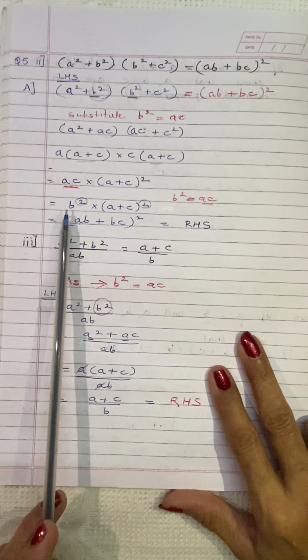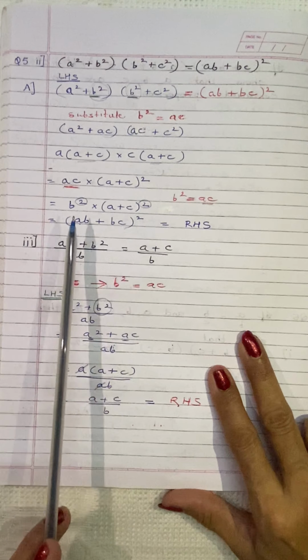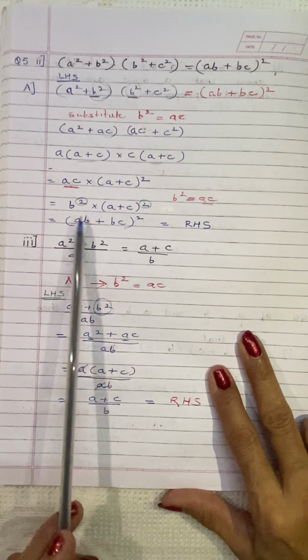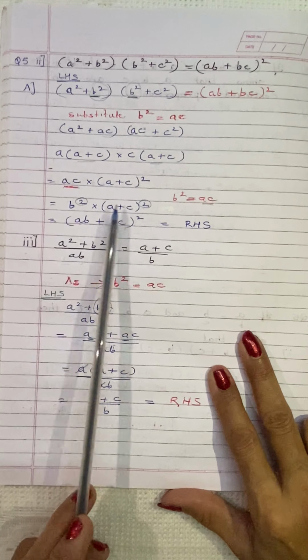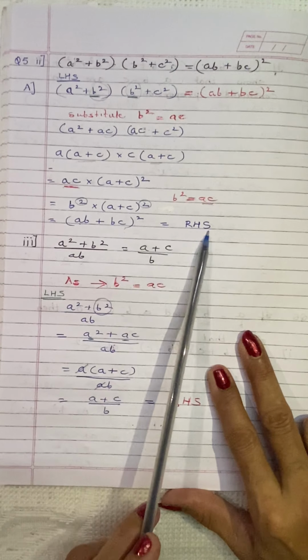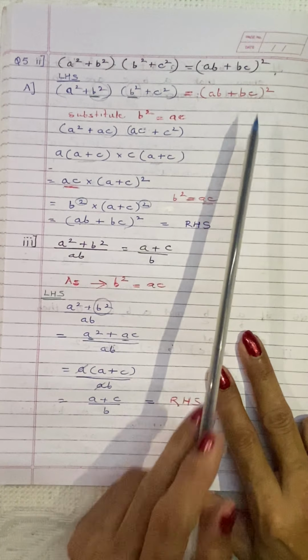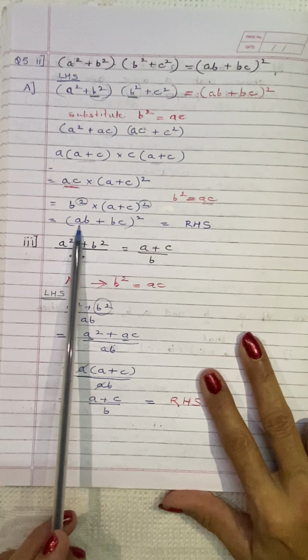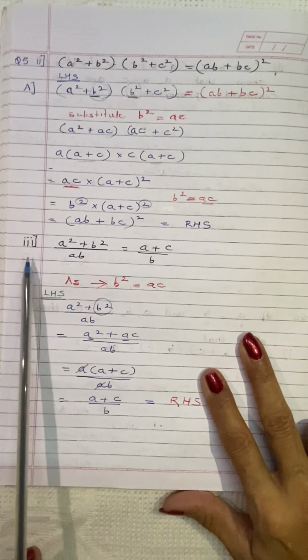So (A + C)² into B², it will be a common exponent, so A into B is AB and B into C is BC, whole square, common exponent, which is equal to the right hand side (AB + BC)². So we have proved that left hand side is equal to right hand side. So the right hand side is the answer.